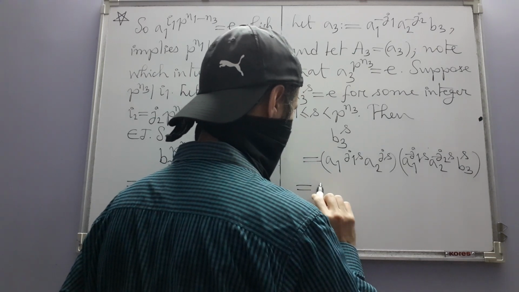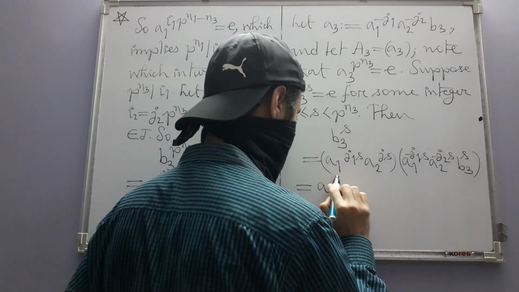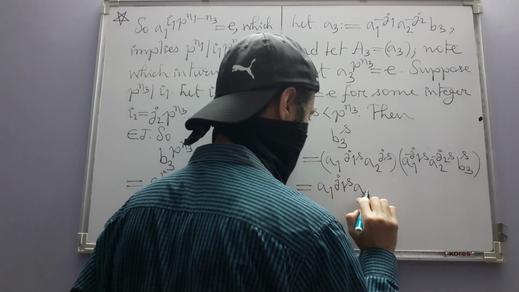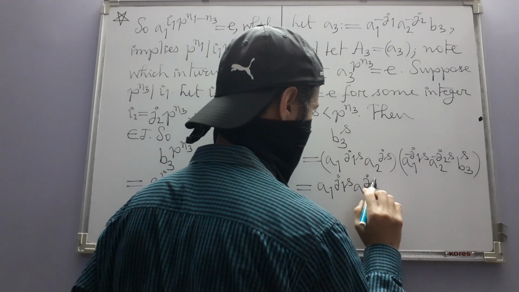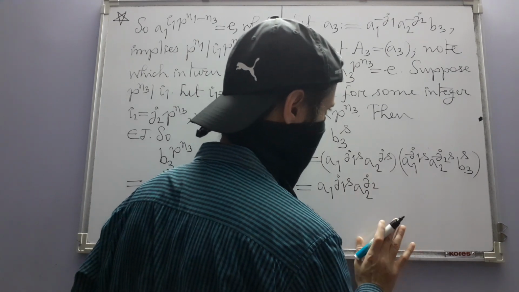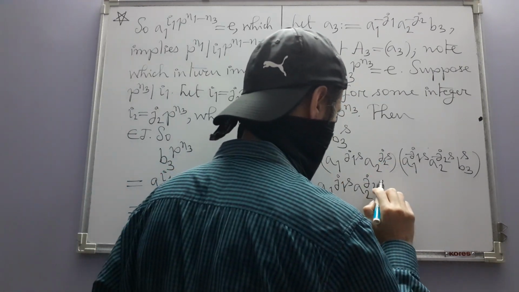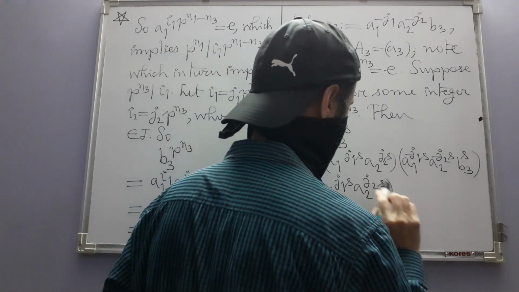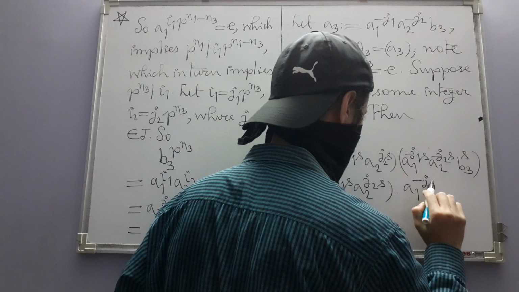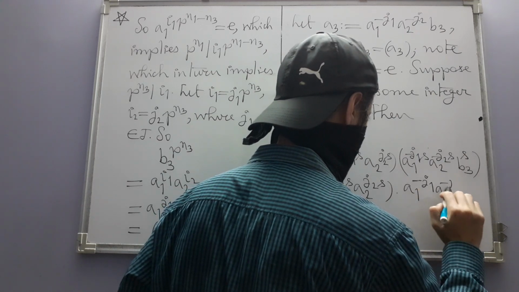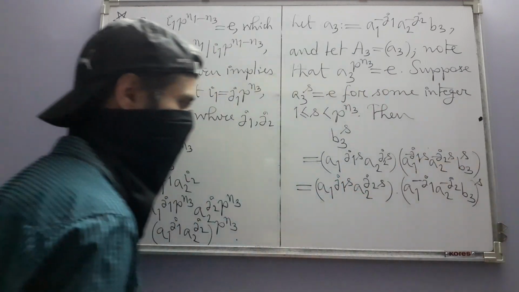But anyway, using the fact that we are in an abelian group, you get this, minus j1 minus j2, b3 to the power s.